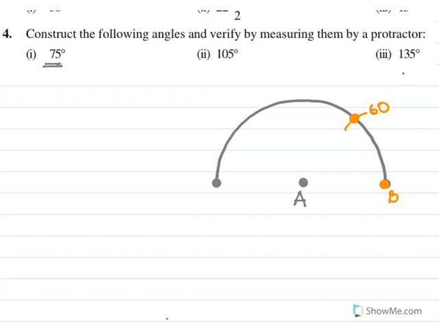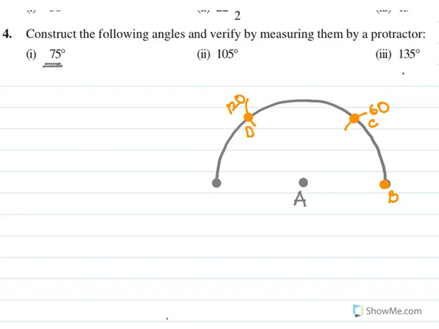Then we keep at C, and with the same radius, we draw another arc. So this will be another 60. So 60 plus 60, this would be now 120. So the point D would be at 120.